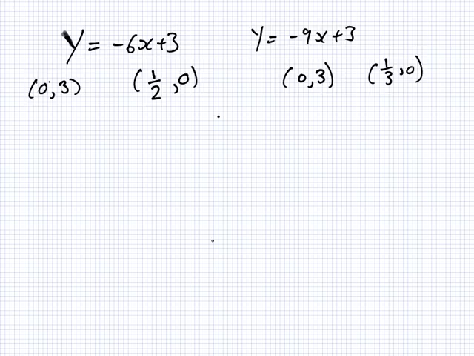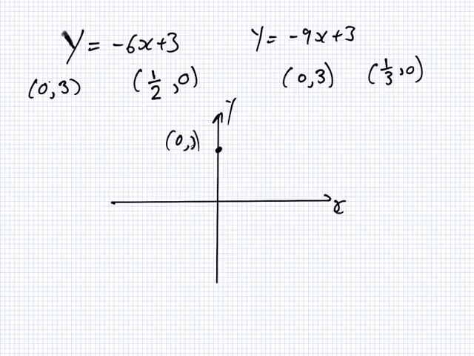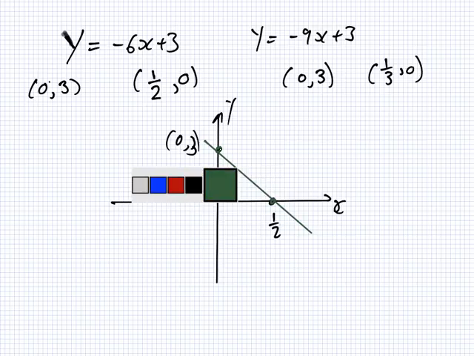The graph was like this. There's y, there's x, there's (0, 3). There's (a half, 0). So there's the first line. And then the second one is (0, 3) and (1/3, 0), which would be like here.